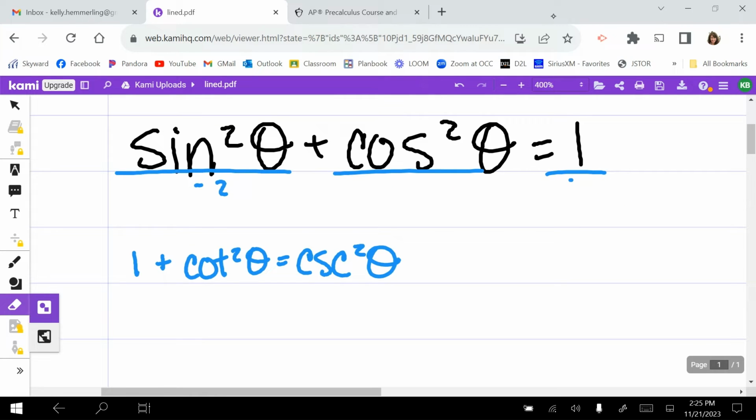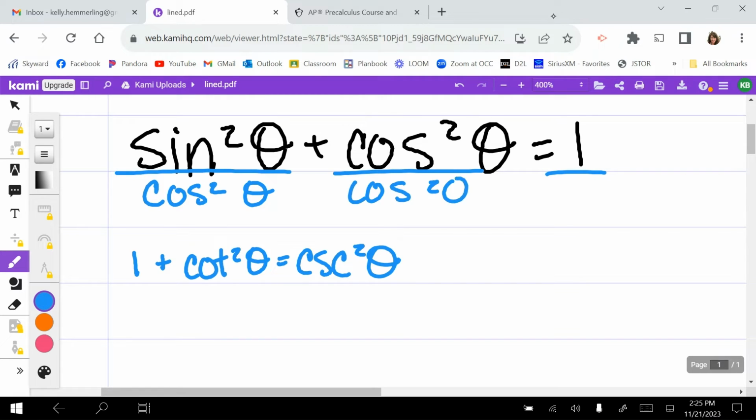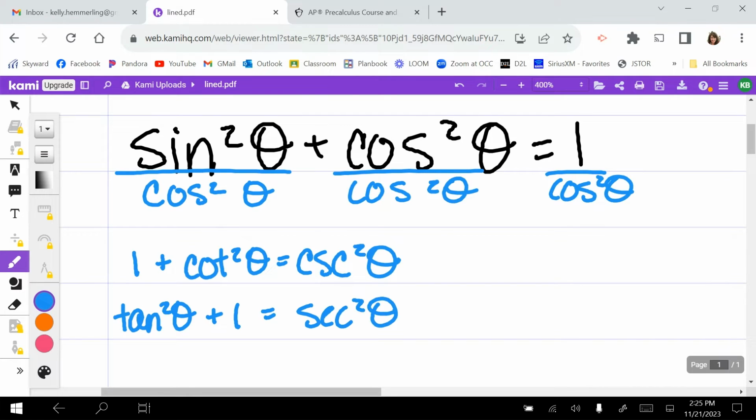Let's say instead that you start with the fundamental Pythagorean identity, but instead of dividing by sine squared theta, you divide by cosine squared theta. Well, now you have tangent squared theta plus 1 equals secant squared theta.